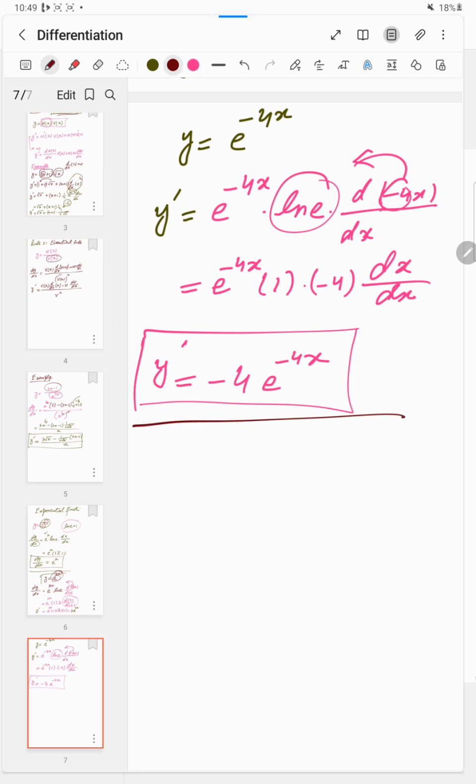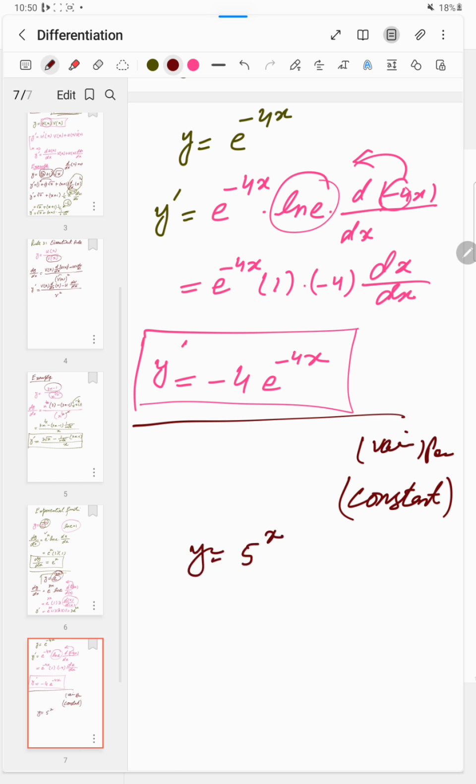Okay, let's suppose what is an exponential function. An exponential function is basically a constant raised to some power, where the power is a variable. Let's suppose y is equal to 5 raised to power x. This is also an exponential function. How do we calculate the derivative of this function?